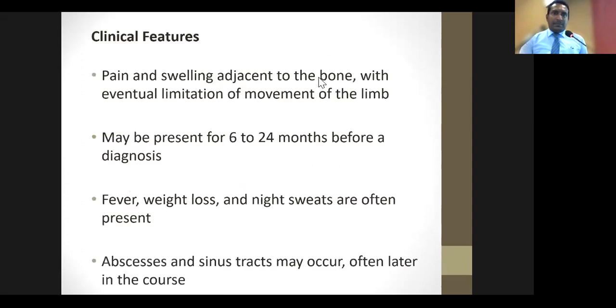And clinical features are usually pain and swelling adjacent to the bone with eventual limitation of movement. It runs a fairly indolent course, where it may be even 6 to 24 months before the diagnosis. The constitutional symptoms are often seen, and sometimes abscesses and sinus tracts may occur, but that is later in the disease.